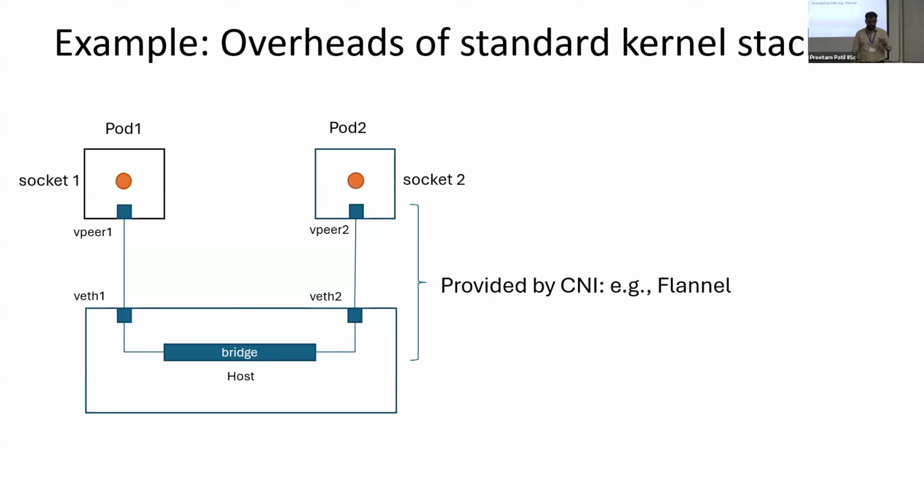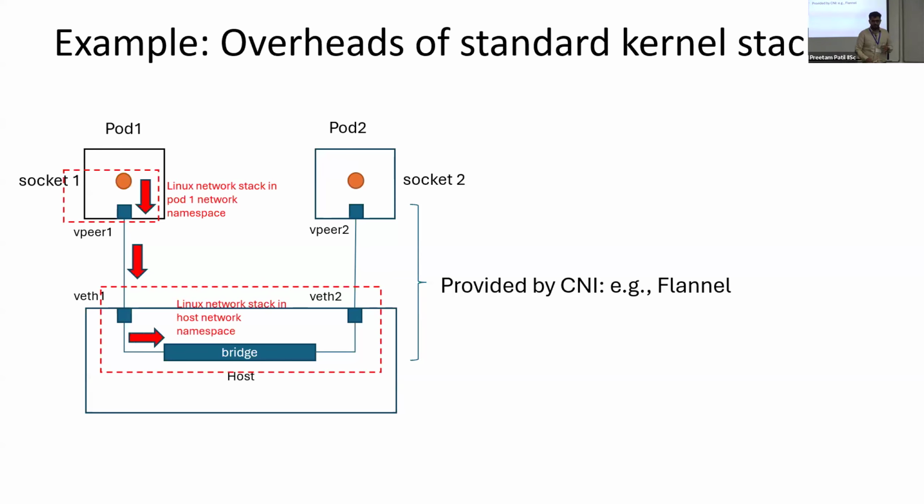If you were to look at the overhead of the standard kernel stack execution in this scenario, when you pass a packet from one pod, first it has to traverse the network stack of pod 1, because it's in a separate namespace, a separate network stack is there. So pod 1 namespace, then the Linux namespace where you traverse the entire veth and the bridge stack.